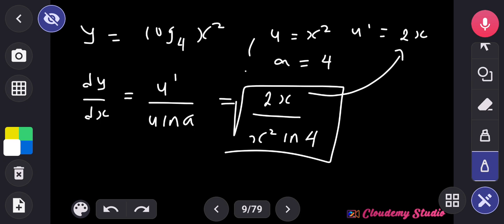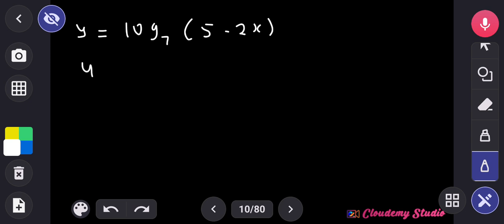Simple as that, right? Let's say we have y equals log base 7 of 5 minus 2x. What will be our u? Our u is going to be 5 minus 2x. Our u prime, the differentiation of u, is going to be minus 2.